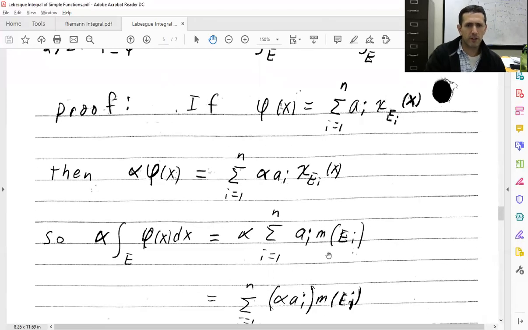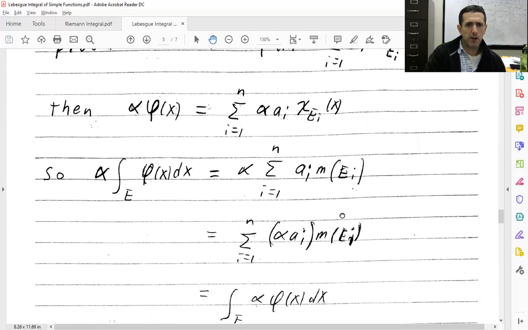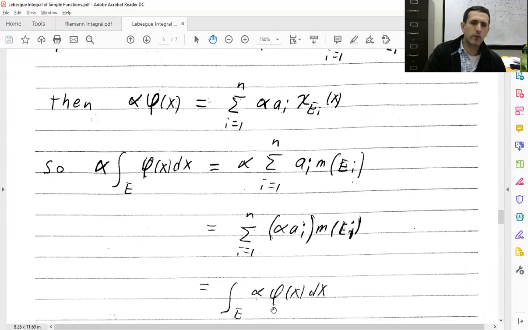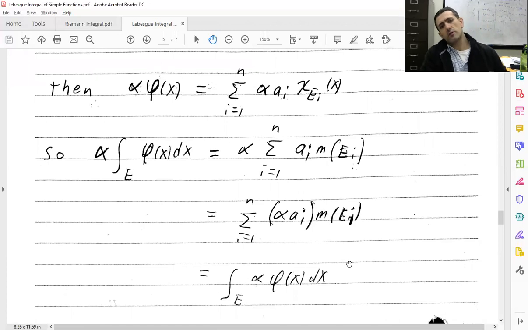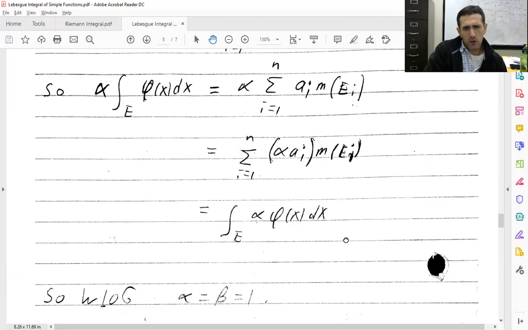And just pull the alpha inside. And, well, this is going to be equal to either, again, by definition, or using the fact that this is actually a canonical decomposition for alpha phi(x). Yeah, so that's basically true. There's really nothing to prove here. So this means that I can assume alpha and beta are 1 when I prove this.